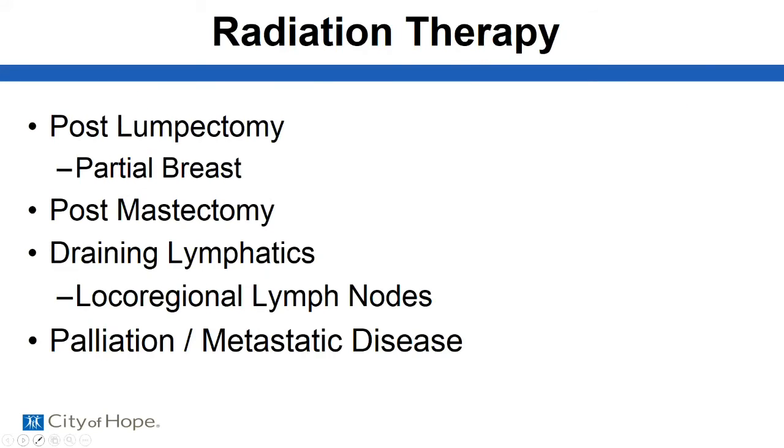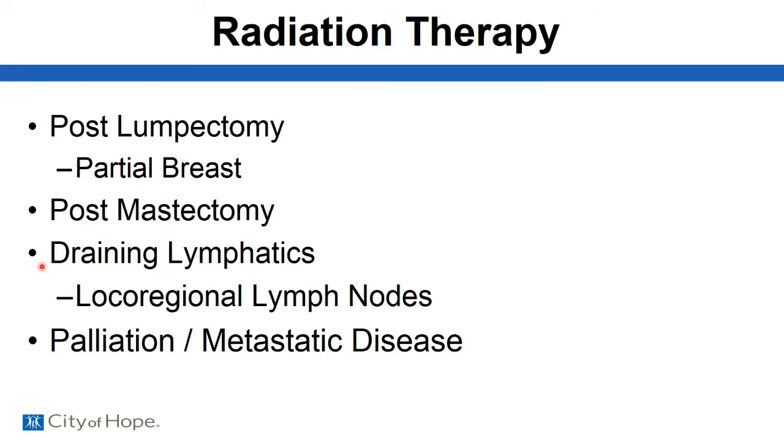So from the radiation standpoint, there's two main categories of radiation. There's radiation we give after the lumpectomy, and within that, there's also partial breast radiation, meaning you just treat the surgical bed. There's post-mastectomy radiation, so after you take the breast off, you want to treat that area of the chest wall.